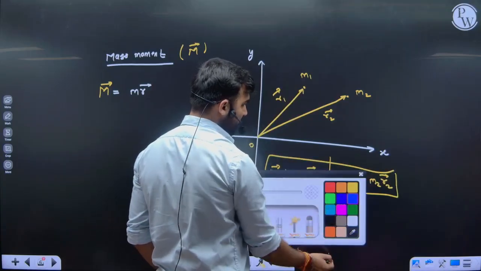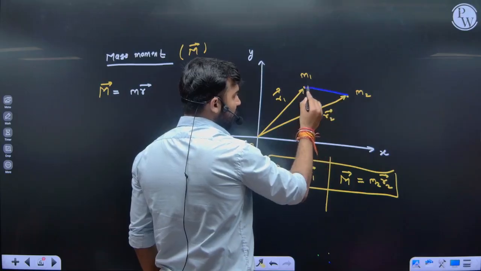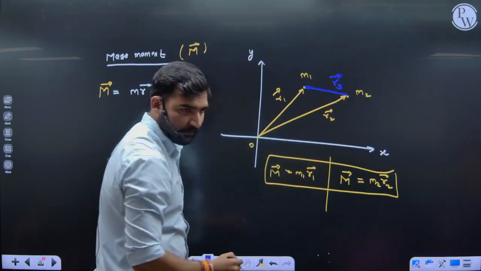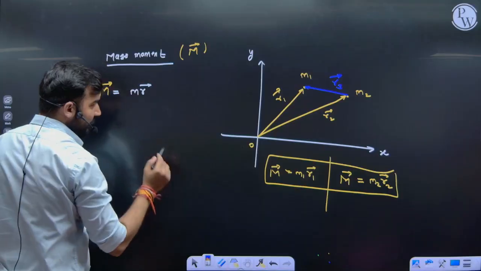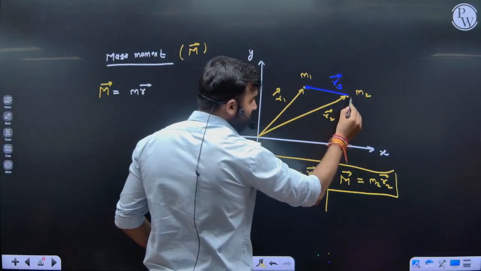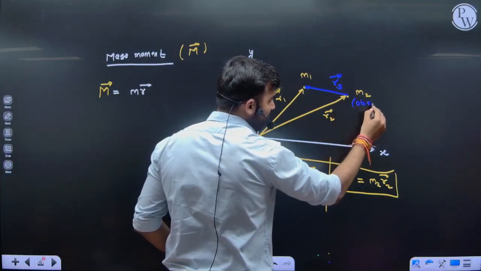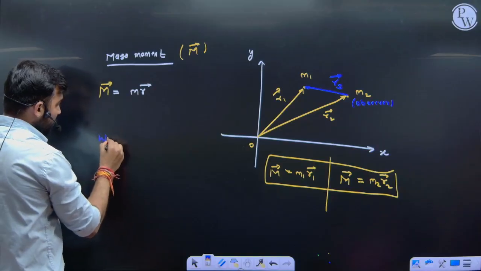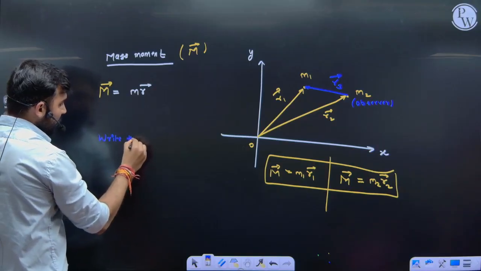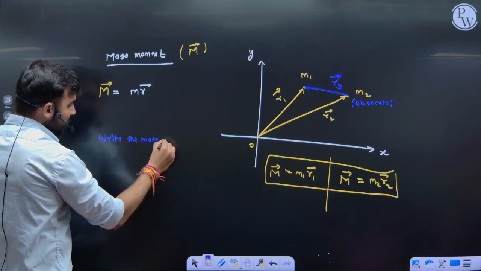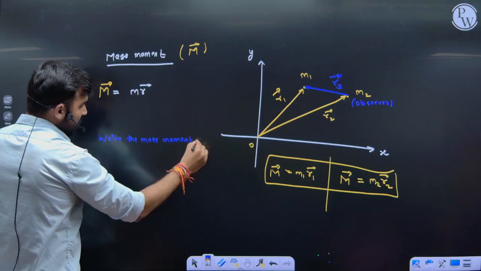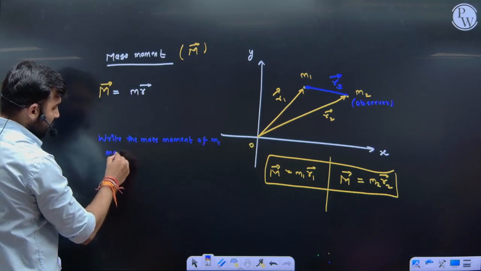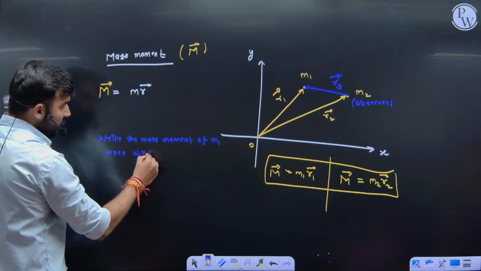Everyone, please see. Let's say this is an r3 vector, and now the observer is here. Write the mass moment of m1 mass with respect to m2 mass.